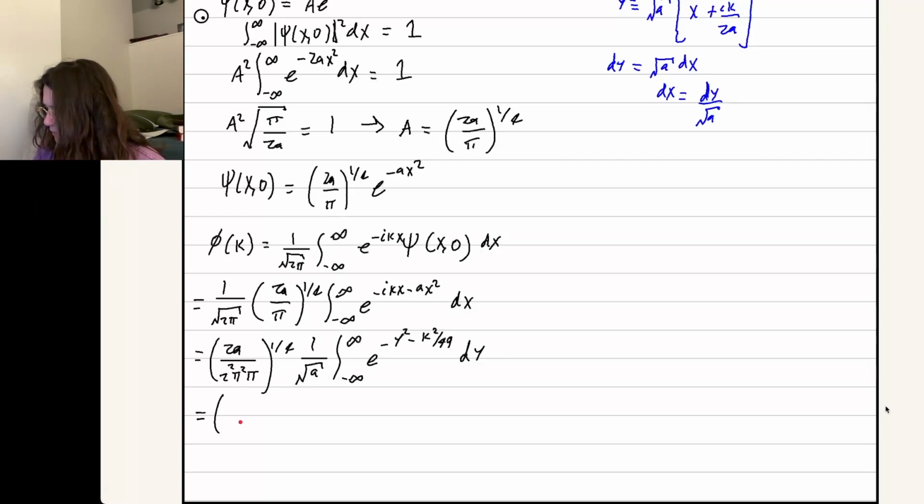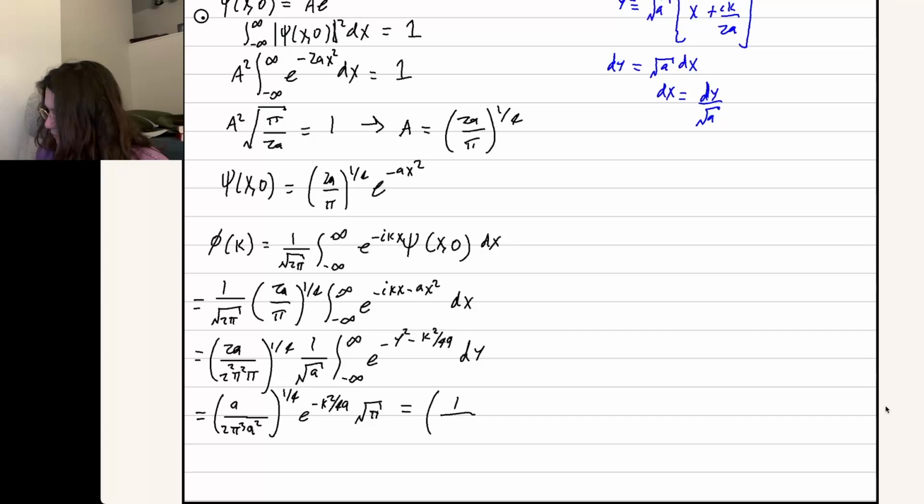So continuing to simplify the stuff out front, I have an a over 2 pi cubed, and then I'm going to multiply by a squared on the bottom as well to deal with the radical. And then this integral is just e to the minus k squared over 4a times root pi. So we can even move that root pi in there.